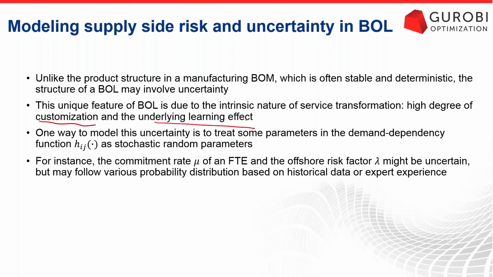So one way we utilize to model this uncertainty is to treat some of the input parameters, for example, those parameters involved in the multipliers, as stochastic random parameters. For example, the commitment rate mu of FTE can be uncertain. The offshore risk factor can also be uncertain.